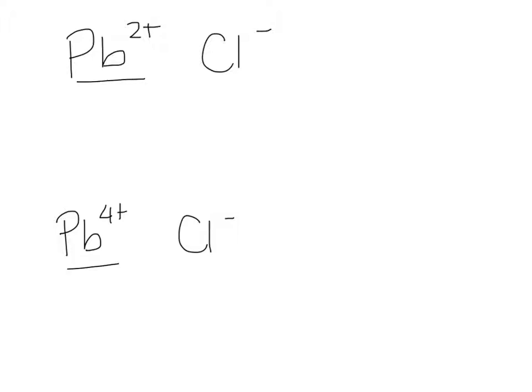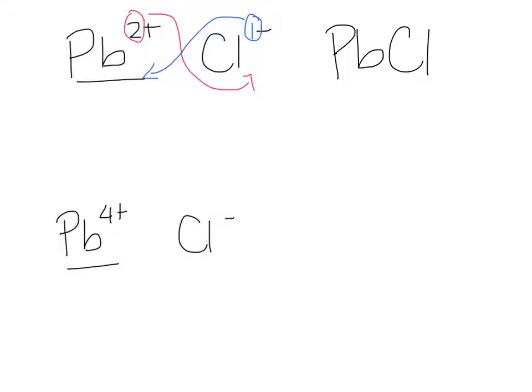Alright, now let's do the crisscross method. What I mean by the crisscross method is this number shows up as a subscript for chlorine over here, and it's understood that this is a 1, and that 1 shows up as a subscript over here. So now if we write the formula, it's Pb, 1, and it's understood that that's a 1, so I don't need to put that, and then Cl with a 2.